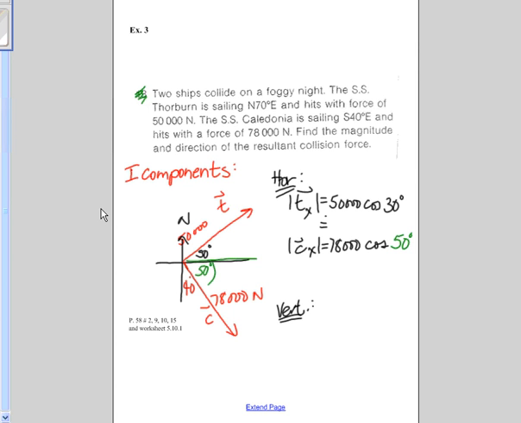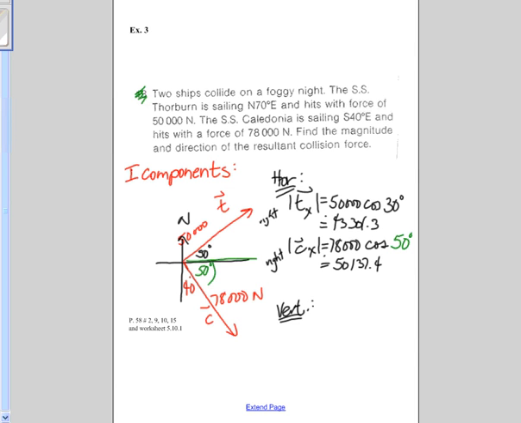Those two answers are, making sure we're in degree mode, 50,000 cos 30, which is approximately 43,301.3 newtons towards the right. The other boat is 78,000 cos 50, which is approximately 50,137.4 newtons, again to the right.